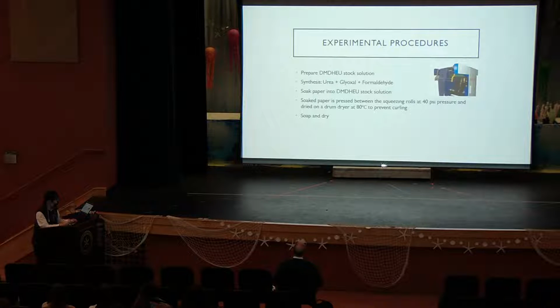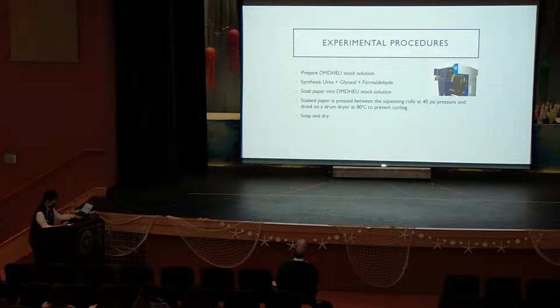And here are the experimental procedures of cellulose cross-linking. When I was looking up the experimental procedures, I thought I'm going to replicate it in a school lab, so I found one without the acid catalysis.